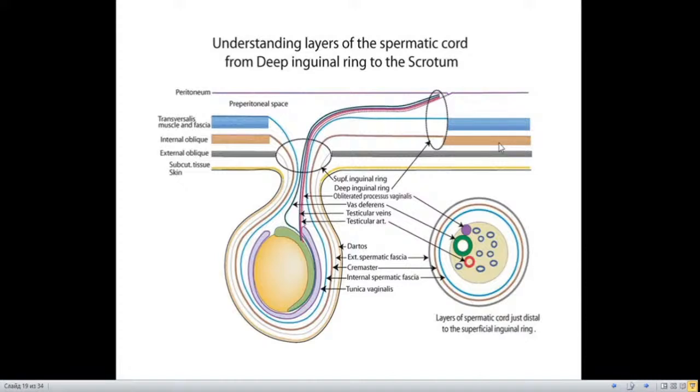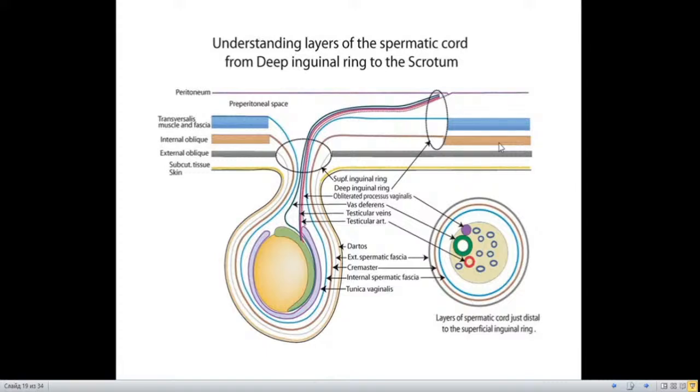Actually, the mechanism of appearance of the scrotum is the passage of the testis through the anterior abdominal wall, and it pulls all these layers. So actually there are 7 layers of the scrotum, and each of them corresponds to a particular layer of the anterior abdominal wall. When you prepare the home task, see them distinctly using this picture.